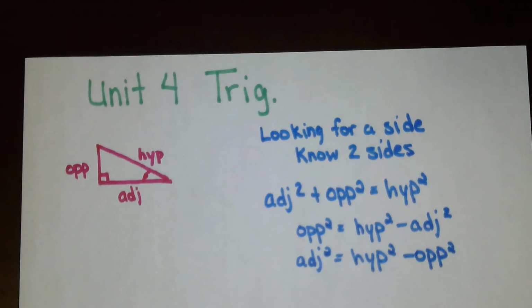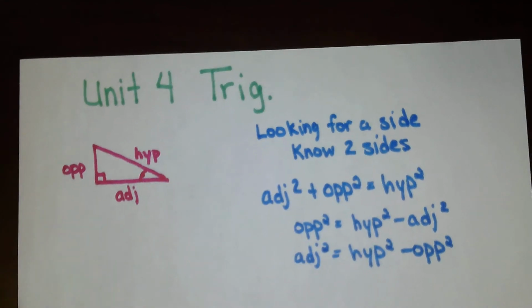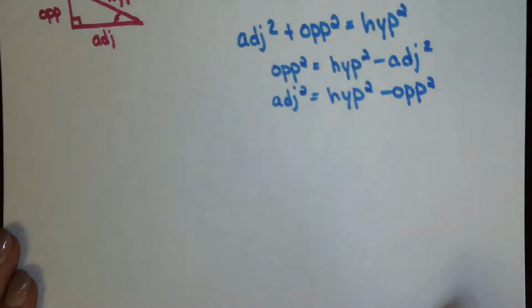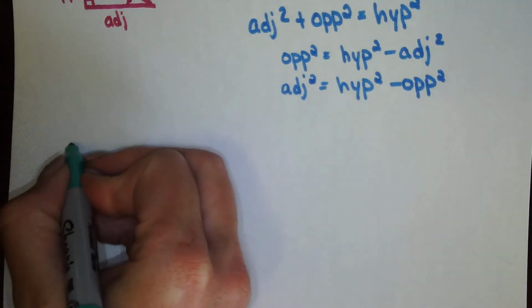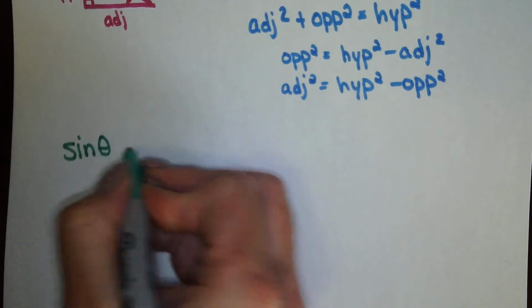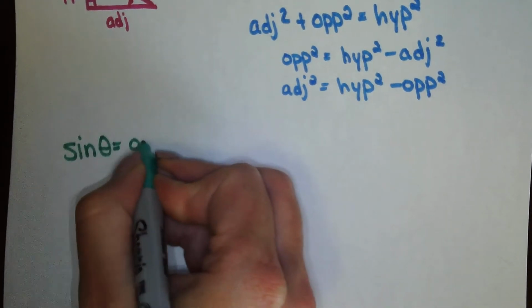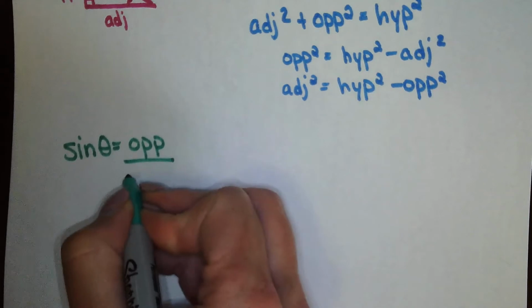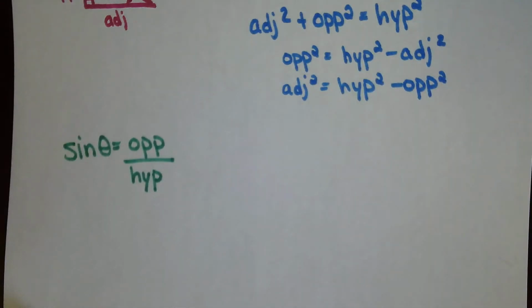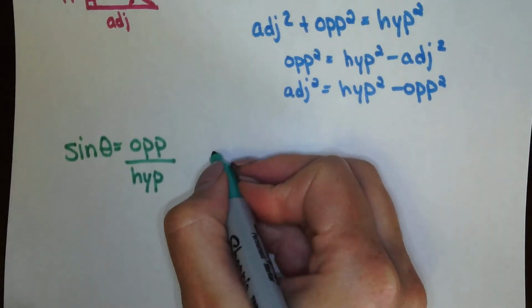Okay? So we're going to move into the trig functions specifically, the sine, cosine, and tangent. So just move that up a little bit. So we know that sine of an angle is equal to the opposite over the hypotenuse. That's one formula or one value.